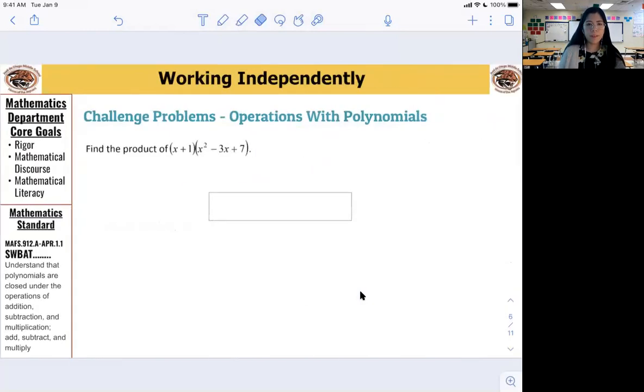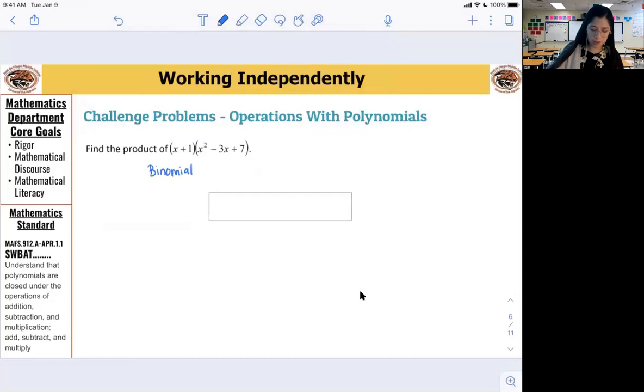Okay, and then finally, so we've done FOIL, which is a binomial times a binomial, but what do I have here? A binomial times a trinomial.